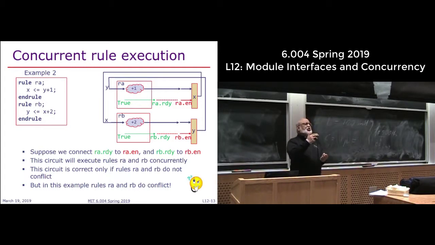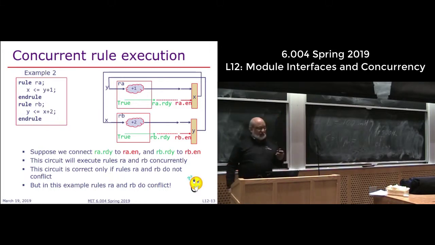We have to choose either rule RA to execute or rule RB to execute, one rule at a time. We can execute RA and that will change the state, and after that we can ask the question again, which rule should we execute? So that's what we want to do.